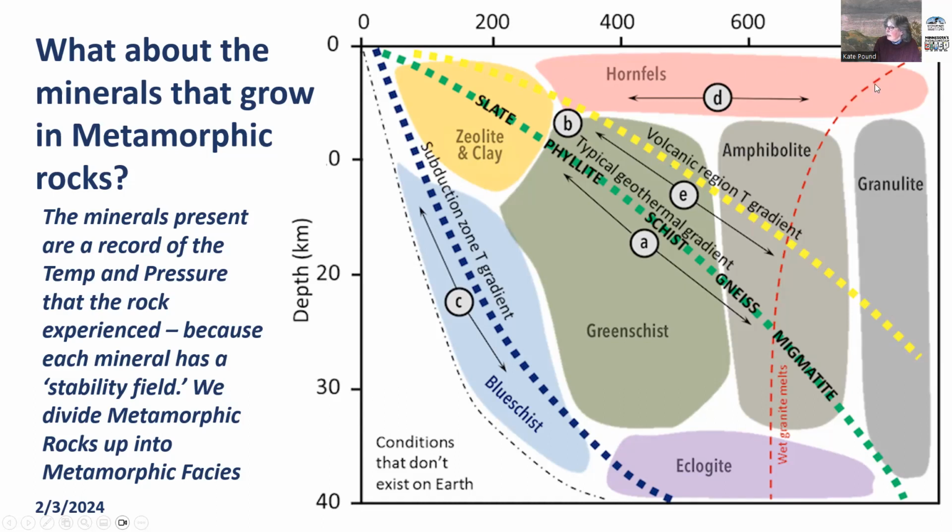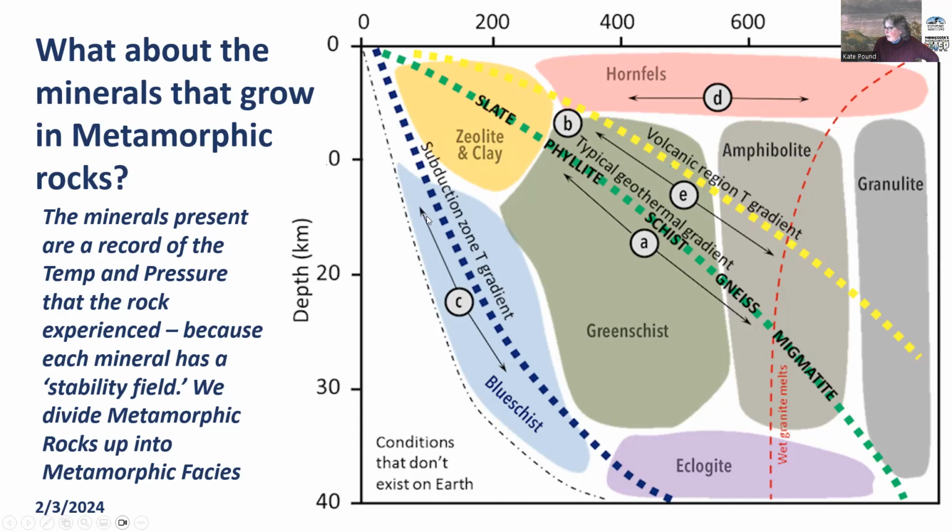And then here we've got rocks that form at relatively low depths, less than 5 kilometers, but high heat, so hornfels. These are rocks that form near magma chambers when you've just got a big pulse of heat coming in, but not necessarily a lot of squishing. Now, there are some other lines here.